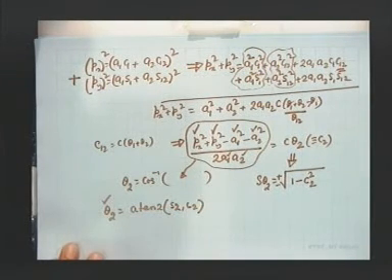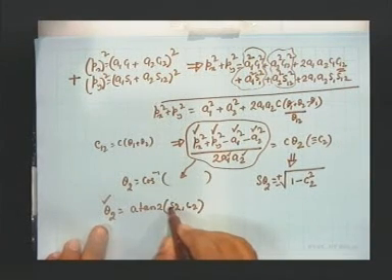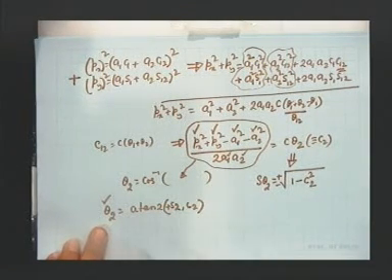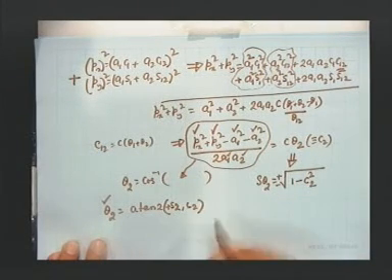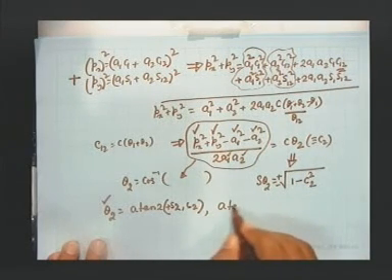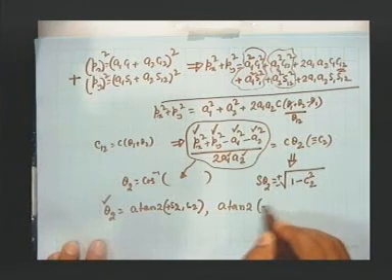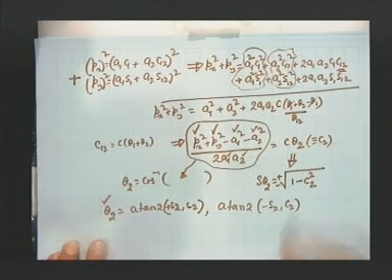Once I obtain theta 2, notice that I have one solution corresponding to the plus value, and because there is both a plus and a minus, I have another solution, atan2 of minus sin theta 2 and cos theta 2, and this will give me another solution. What do they mean?